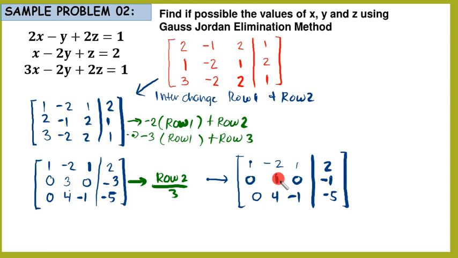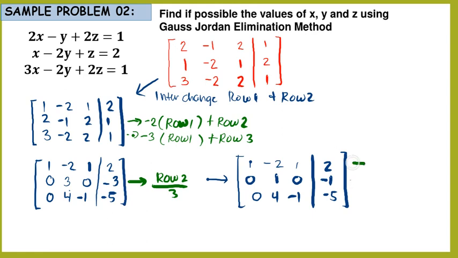Next, gawin natin itong element, itong negative 2 and 4 na 0. So, ito yung next natin. So, para maging 0 yung negative 2 at 4 natin, we need to make, again, an equation.